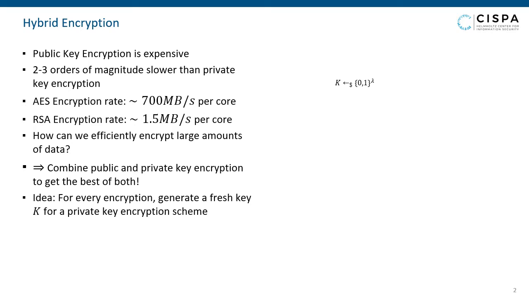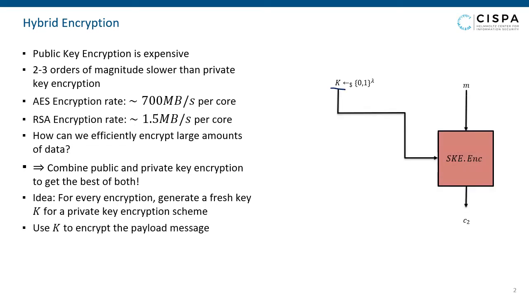For every new encryption, let's say we want to do a public key encryption of a large file, first generate a fresh key K for a private key encryption scheme. Now use this key K to encrypt a message M, and think of this message M as rather large. So we encrypt this message M using the key K, obtaining a ciphertext C2, and we call this the payload ciphertext.